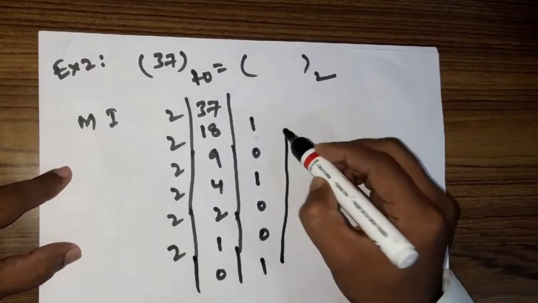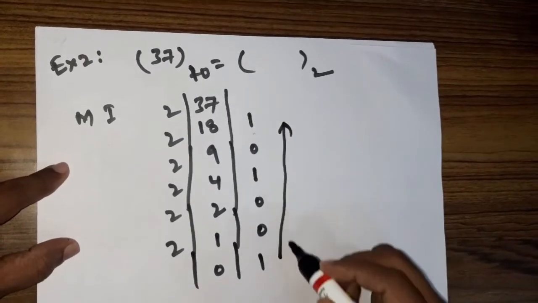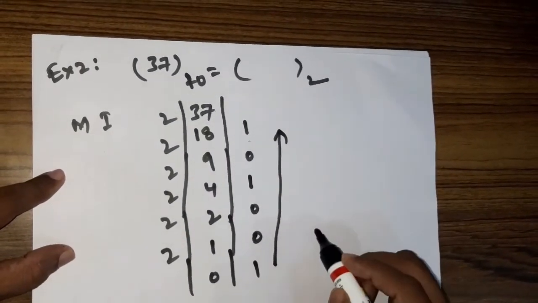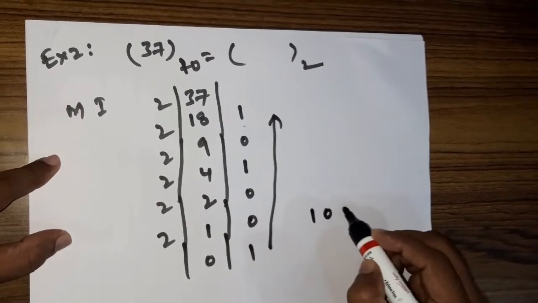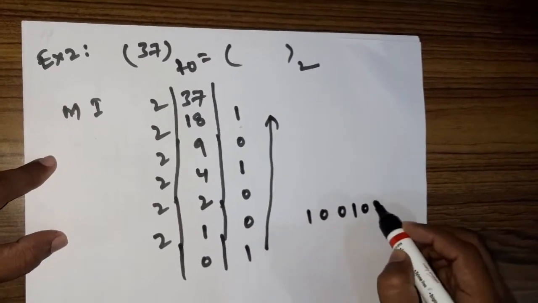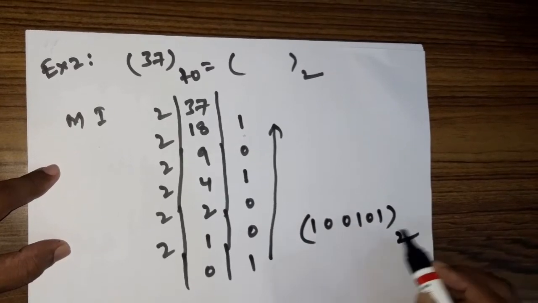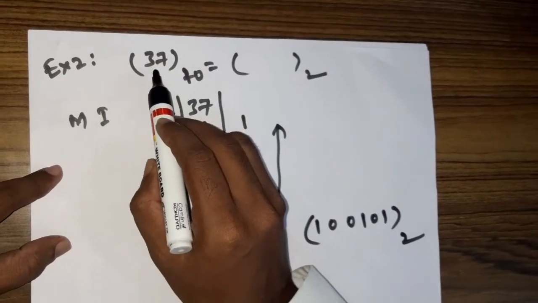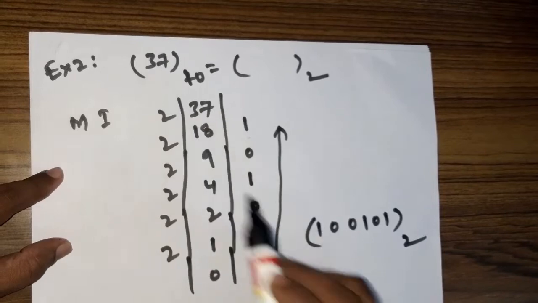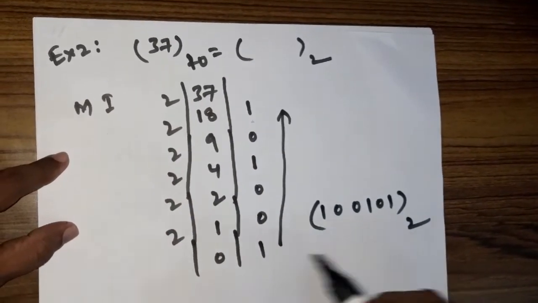So we write down this number from bottom to top: 1 0 0 1 0 1. So now we converted decimal number 37 to binary in method 1.